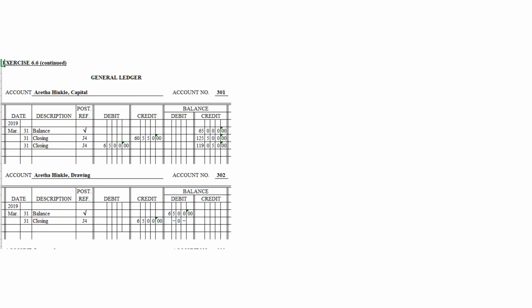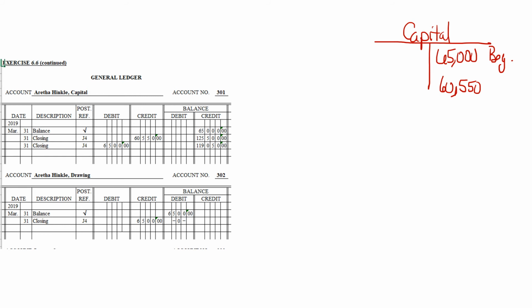All right, so this would be what your solution looks like. And again, I'm going to put this in the T account perspective. So if I write out capital, like I did on the previous slide, notice the beginning balance would have been $65,000. That's the starting point. And then notice the posting of the $60,550, that was from income summary. That represented net income.